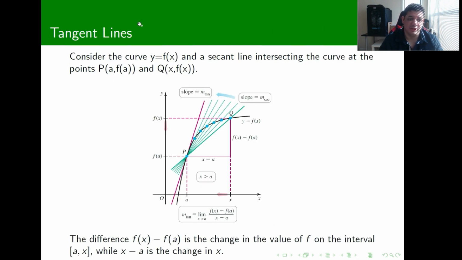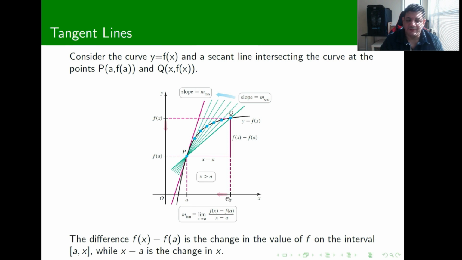And that's what we want to do with the derivative. In general, if we consider a curve f of x and the secant line intersecting, we need an approximation to obtain the tangent line from the secant lines. The slope of the tangent line is going to become the limit when we approach the point, let's say the point is a.